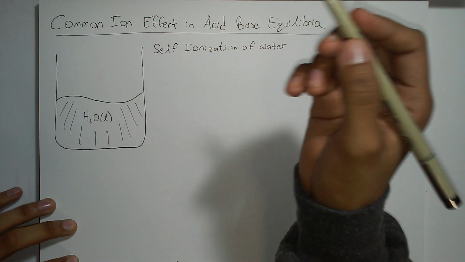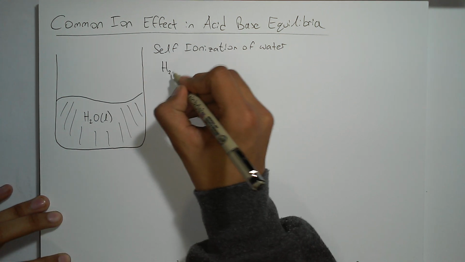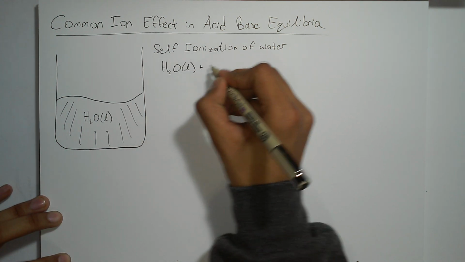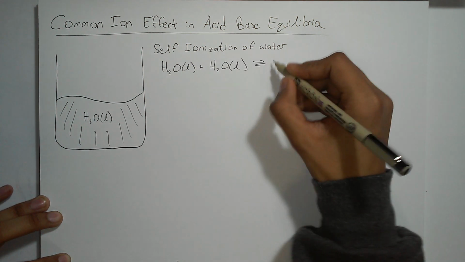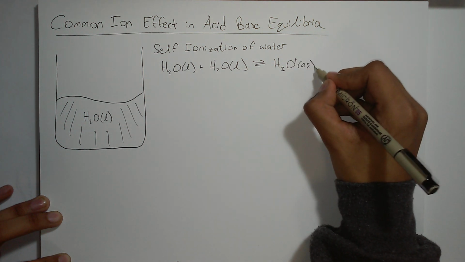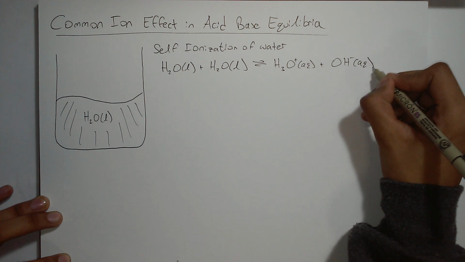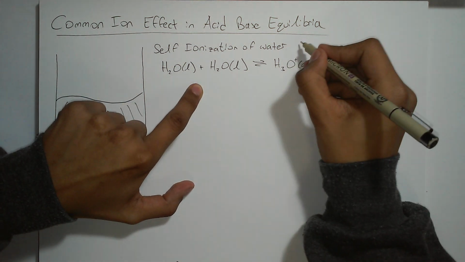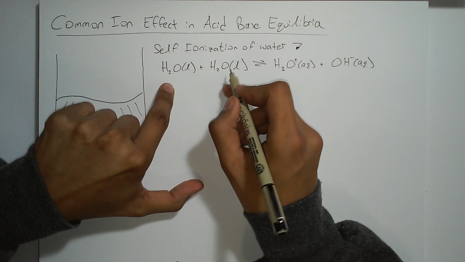If I was to write out the reaction for this, the self-ionization of water would look like this. It's H2O liquid plus H2O liquid. And that comes into equilibrium and forms H3O+ aqueous plus OH- aqueous. So this right here, the self-ionization of water, is just a reaction that occurs between two H2O liquid molecules.